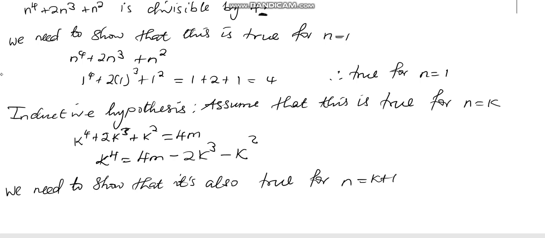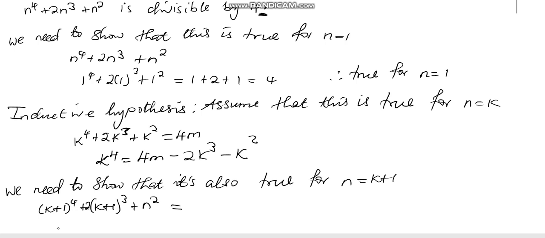We get the expression, then everywhere there's n, we substitute k plus 1, and we don't equate it to anything, we just start simplifying. So we have k plus 1 to the power 4 plus 2 multiplied by k plus 1 to the power 3 plus k plus 1 squared.